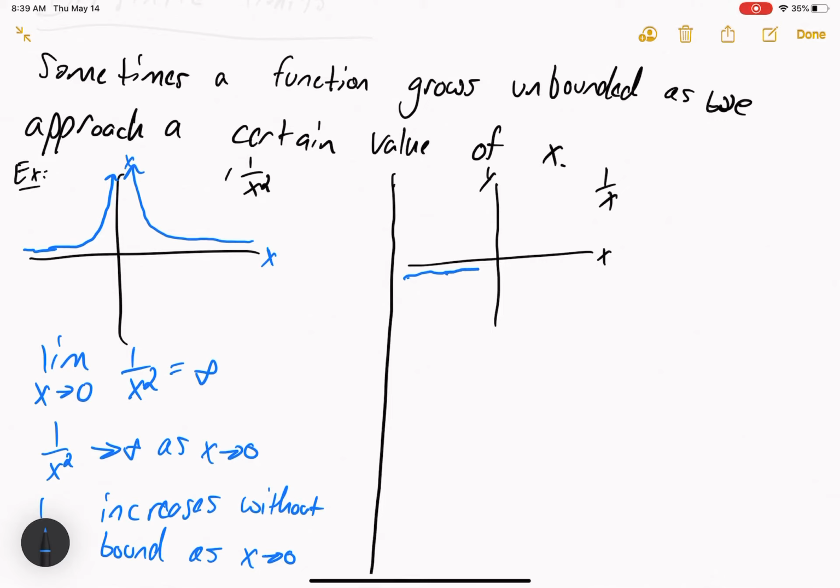As we approach very small x values, this is going to grow unbounded, heading off to negative infinity. Now if we approach from the right, where all the x values are positive, as we go to very small values of x, we're dividing by a smaller and smaller number, which takes us to infinity.